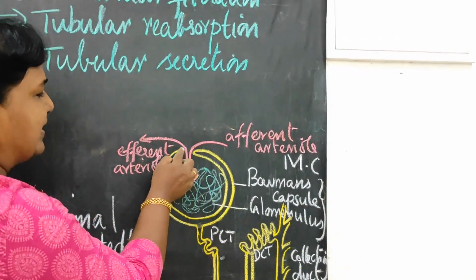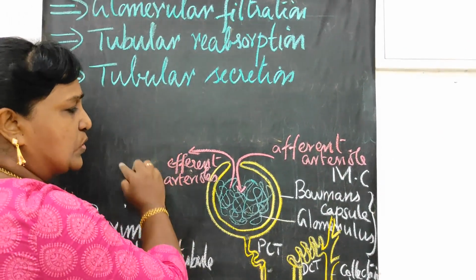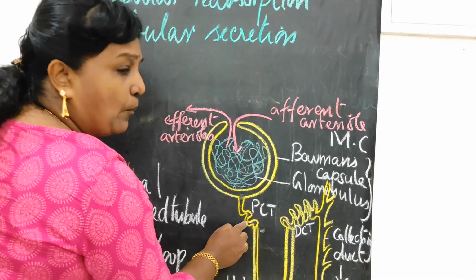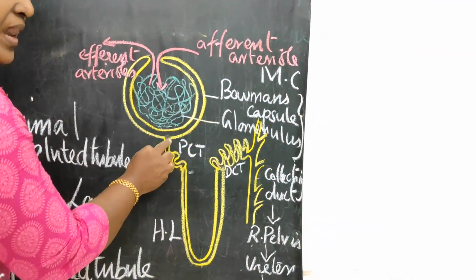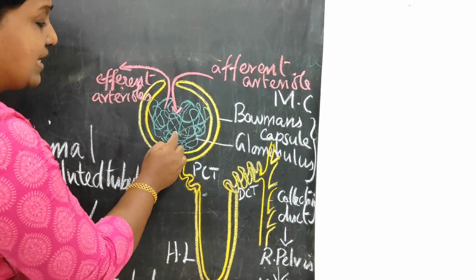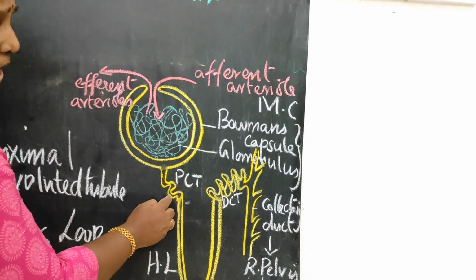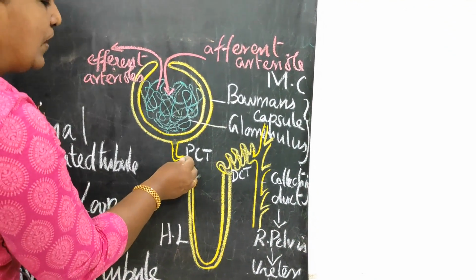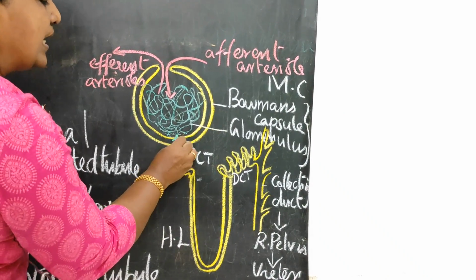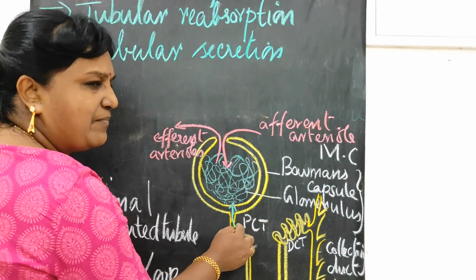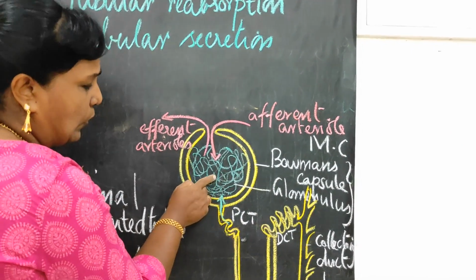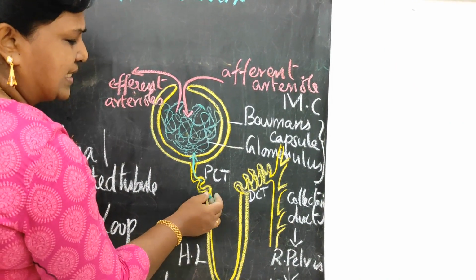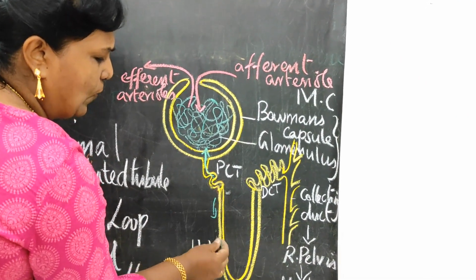Now the filtered blood is taken through the efferent arterioles to all parts of the body. Waste materials are entering into the proximal convoluted tubule. Along with the waste, some essential substances are also entering into the proximal convoluted tubule. So from the proximal convoluted tubule, the essential substances like glucose, amino acids, vitamins, and minerals are taken back into the glomerulus. And after that, the waste materials are entering into Henle's loop.